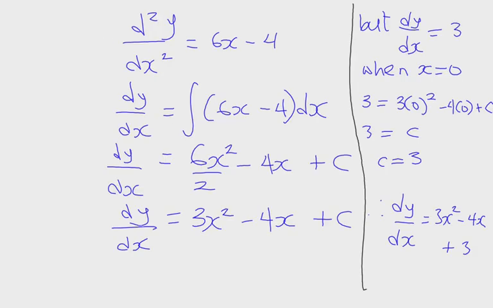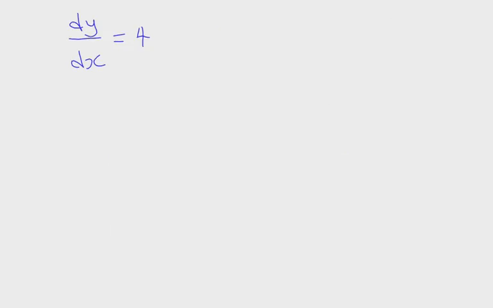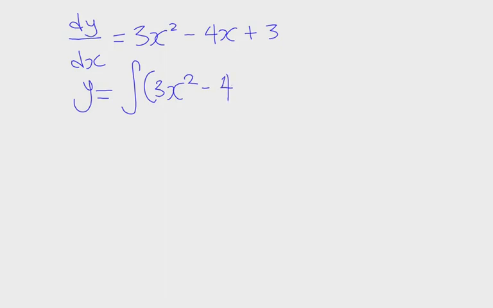So dy/dx is equal to 3x squared minus 4x plus 3. Here we are going to integrate again because we want to get y with respect to x. So we have y now equal to the integral of 3x squared minus 4x plus 3 dx.